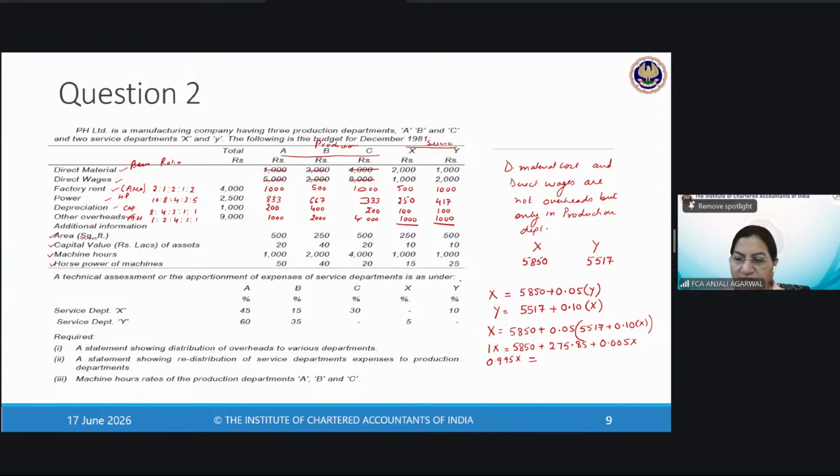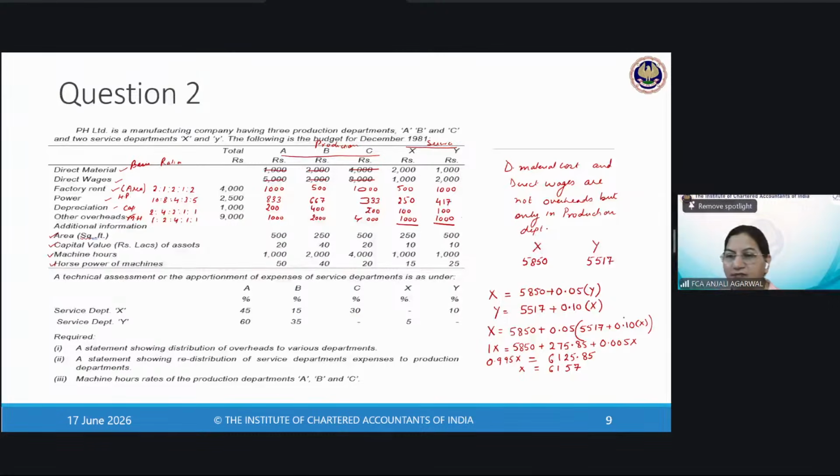5850 plus 275.85, 6125.85. Therefore, X is equal to 6125.85 divided by 0.995. It is 6156.63. I'll call it 6157. And 10% of 6157 is 615.